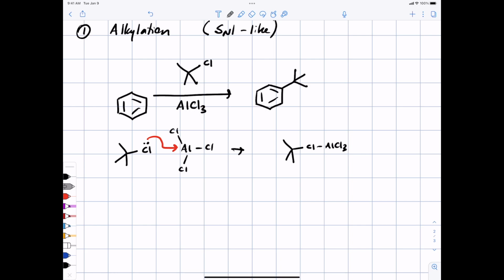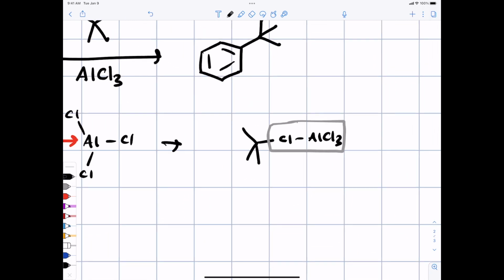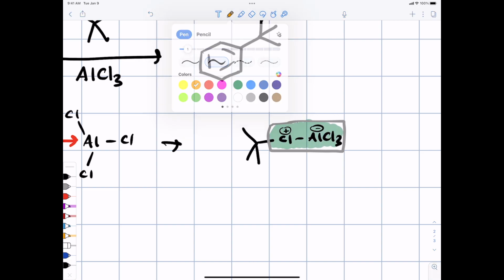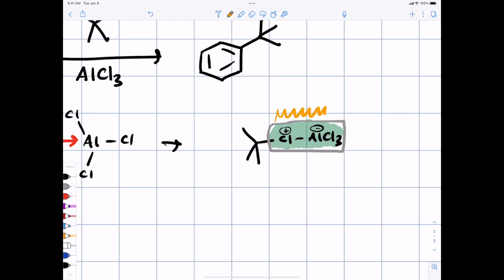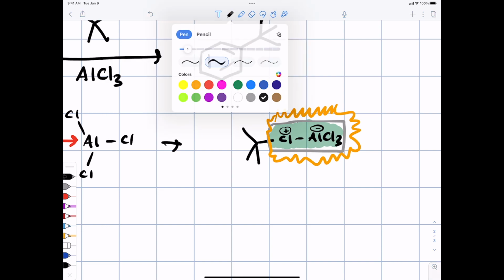If Cl by itself was a good leaving group, then adding something to Cl that puts a positive charge on Cl is going to make it an even better leaving group. So we've used green for a leaving group that's good. We're also going to use orange to indicate that it's on fire. It's an extremely good leaving group.